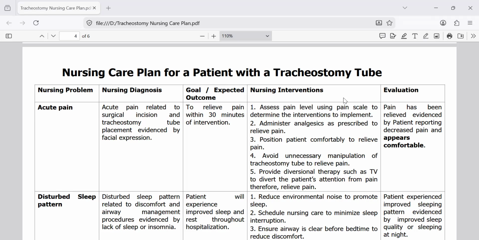Remember, reduce verbalization here because the patient is not able to verbalize. But remember, I'm not saying restrict, I'm saying reduce. And patient appears comfortable, so if the facial expression of the patient shows that they are no longer in pain.